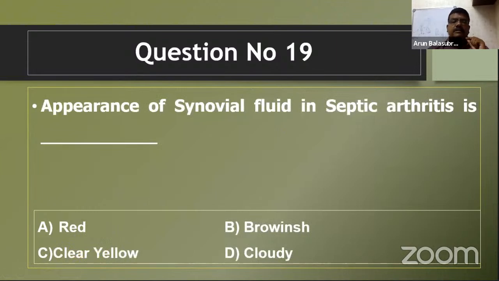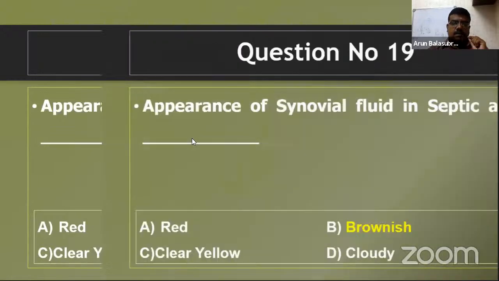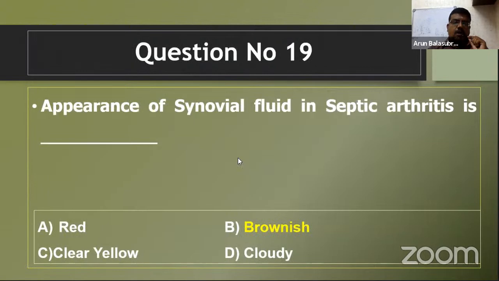Okay, in lab investigation, what does the appearance of the synovial fluid in septic arthritis indicate? Is it red, brownish, clear yellow, or cloudy? What does the synovial fluid look like on lab investigation? So you see the brownish color.